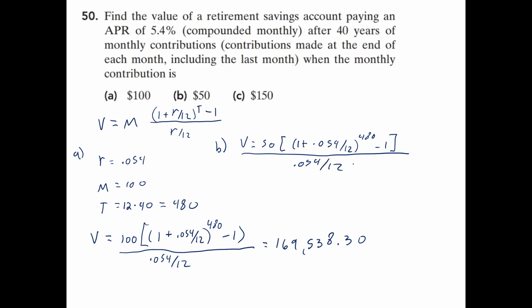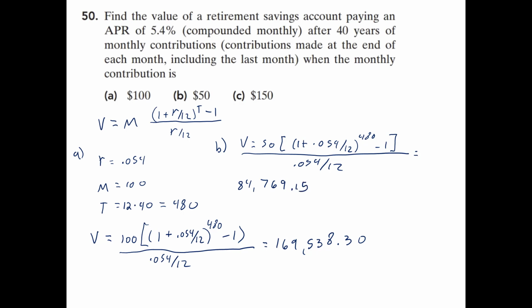And so again, you really should expect that because you're only depositing half the money, you should only get half the return. And the only thing that changes is the 100 gets replaced with 50, and that's exactly what we see. Get exactly half. This is $84,769.15.